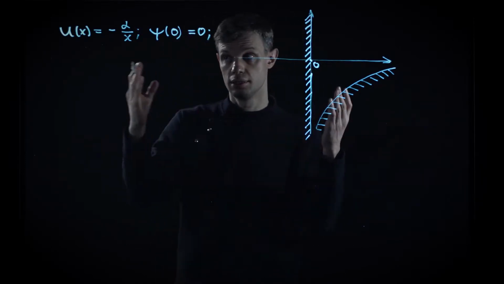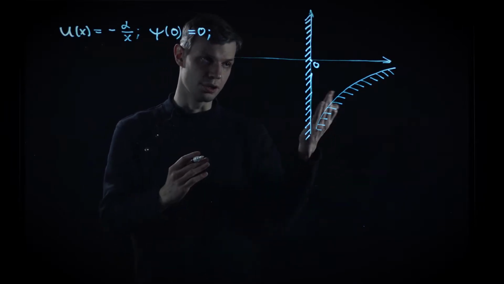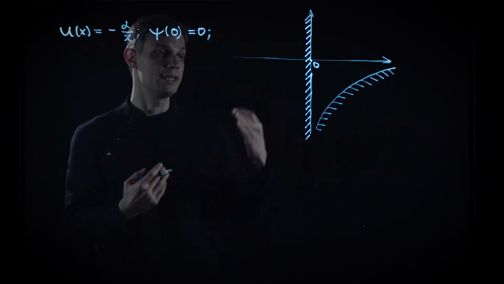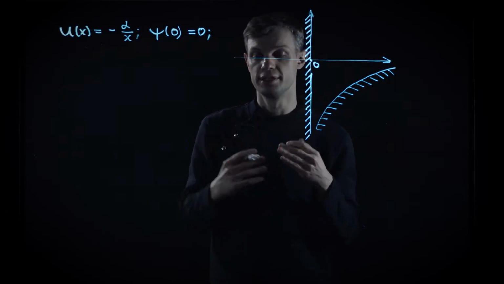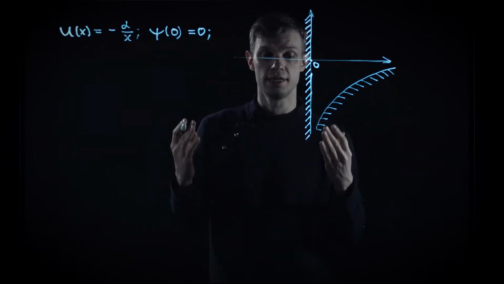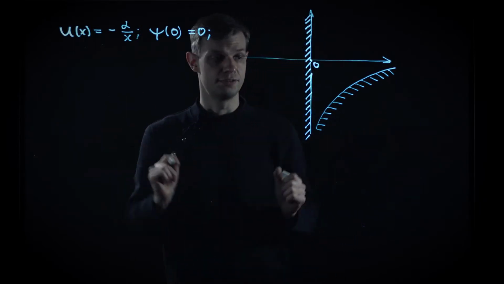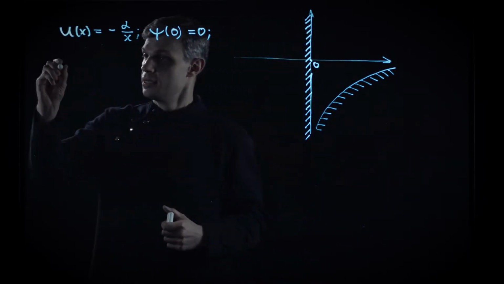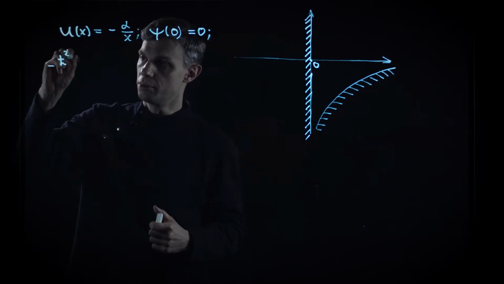Right. And let's analyze the solution of the corresponding Schrödinger equation. We expect that the particle will have a discrete spectrum, so the energy levels are going to be quantized. Let's see how this comes about from the structure of our differential equation. Here we go. This is the Schrödinger equation.